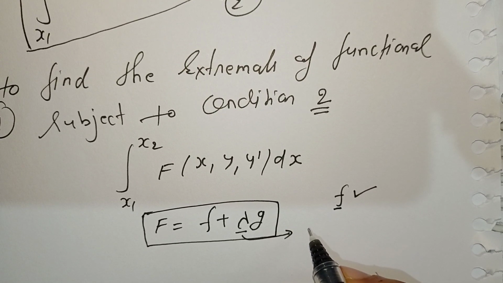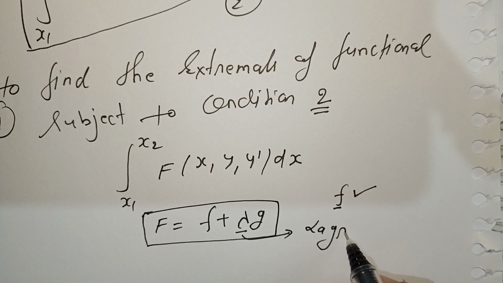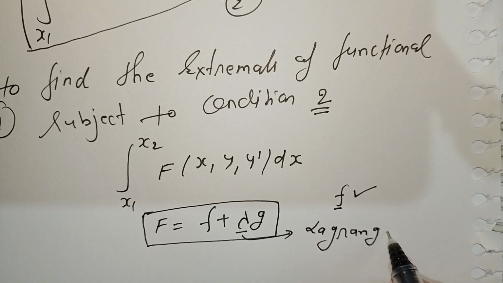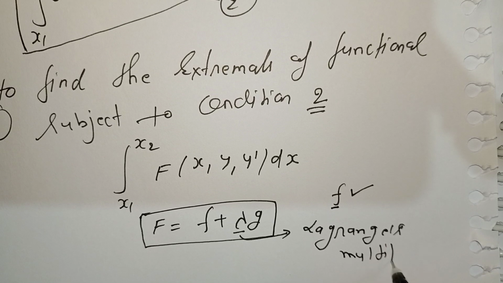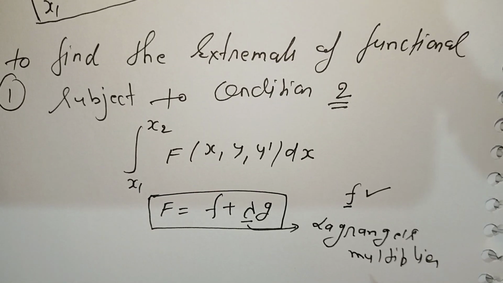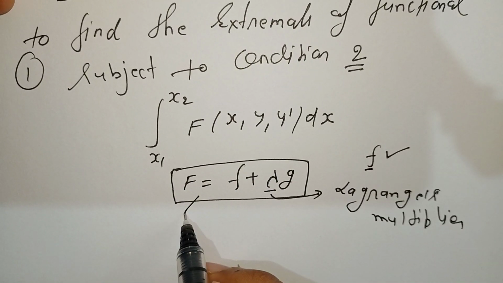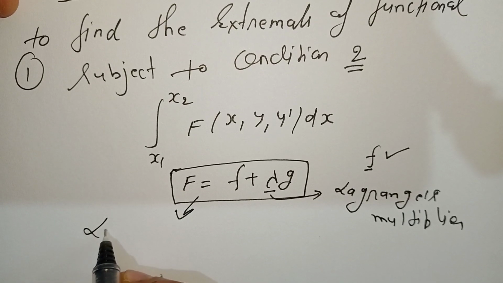This lambda is called Lagrange's multiplier, and this method is called Lagrange's multiplier method.